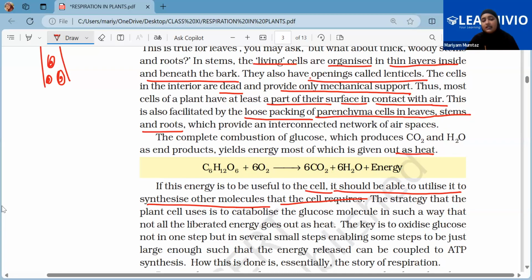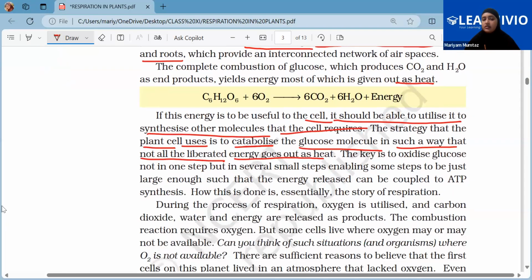The strategy that the plant cell uses is to catabolize the glucose molecule in such a way that not all the liberated energy goes out as heat. The key is to oxidize glucose not in one step, but in several small steps, enabling some steps to be just large enough that the energy release can be coupled to ATP synthesis.